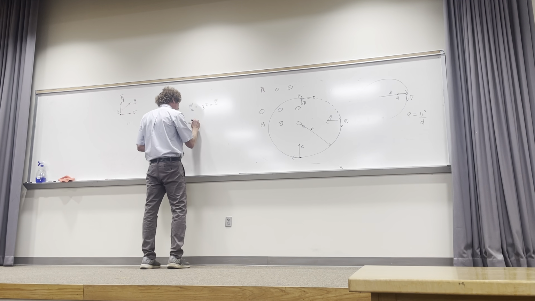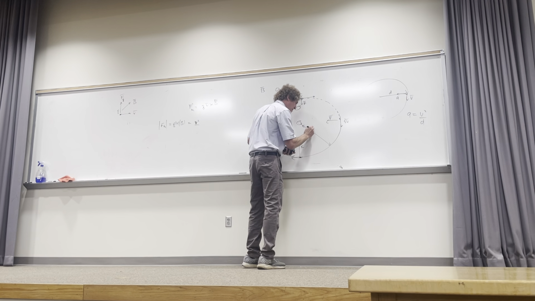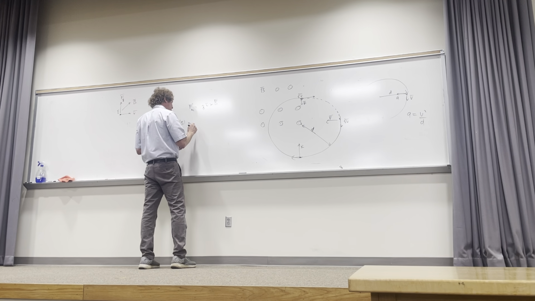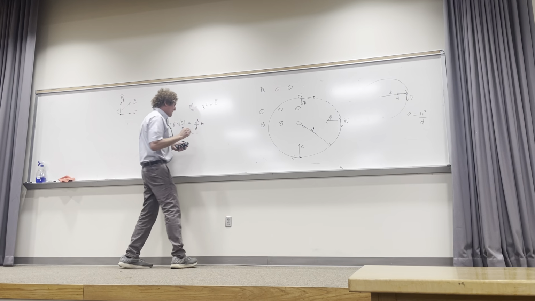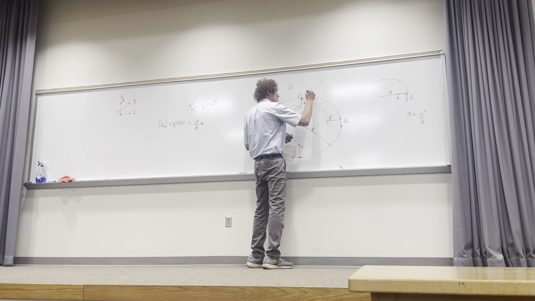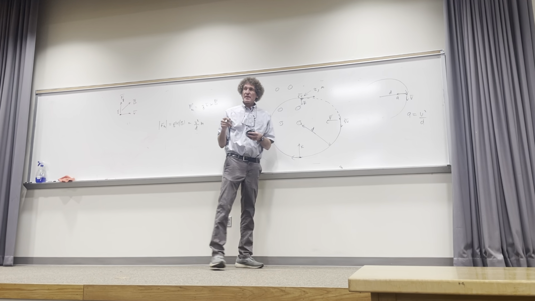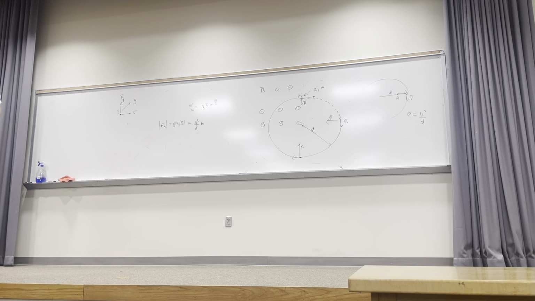V squared, maybe I better use D. My R looks too much like my V. So it'd be v squared over d, and then times the mass of the actual object. So this thing has charge Q and mass M, and the mass would be in kilograms, by the way.